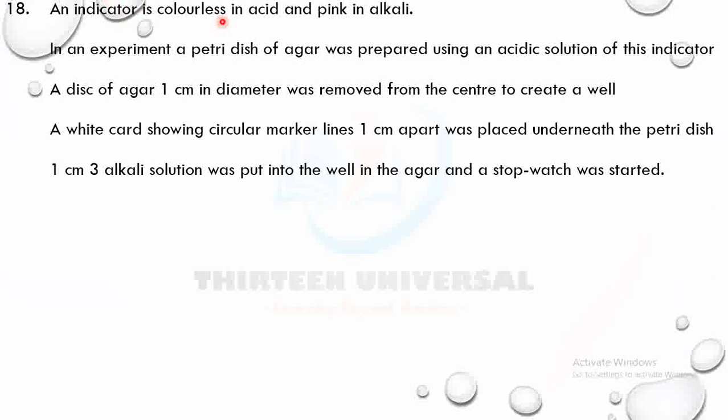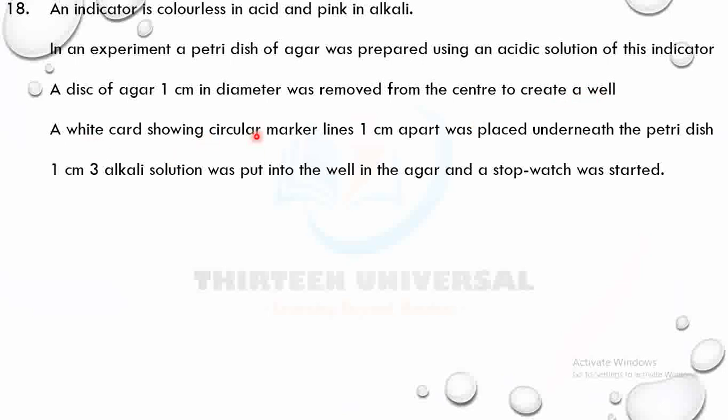An indicator is colorless in acid and pink in alkali. In an experiment, a petri dish of agar was prepared using an acidic solution of this indicator. A disc of agar 1 cm in diameter was removed from the center to create a well.